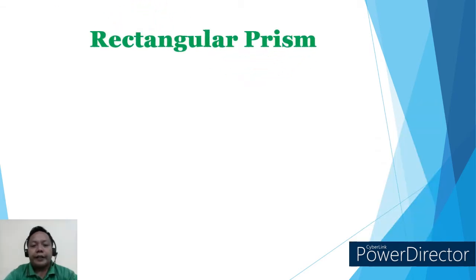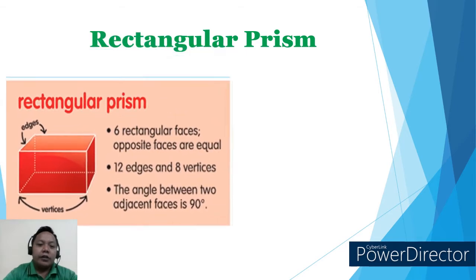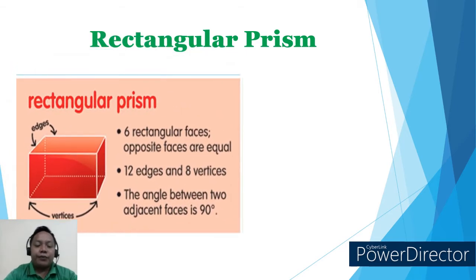Next, we have our rectangular prism. So, tingnan po natin ano ba ang itsura ng ating rectangular prism from the word rectangle. Okay? So, rectangular prism, of course, they have 6 rectangular faces. Opposite faces are equal to each other. So, ang mga mukha po nito naman ay puro rectangle.